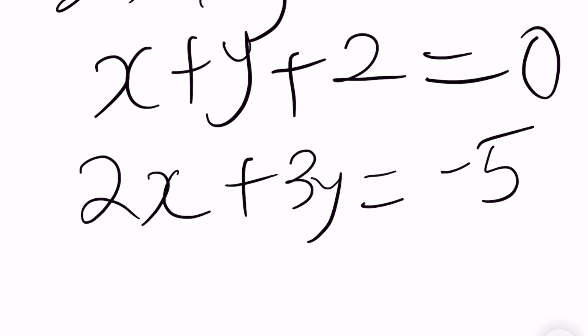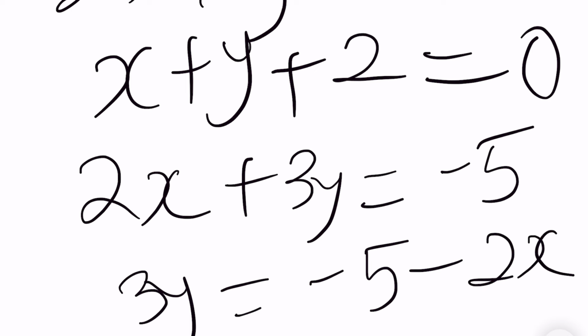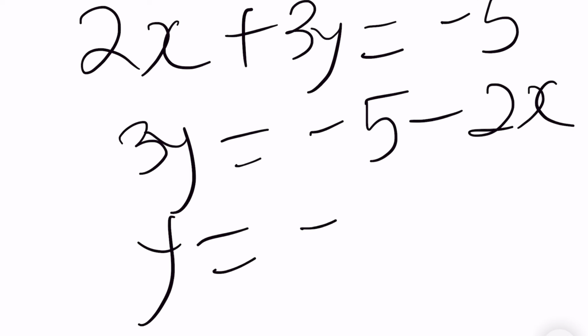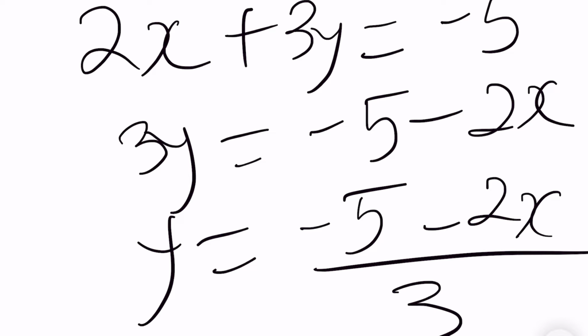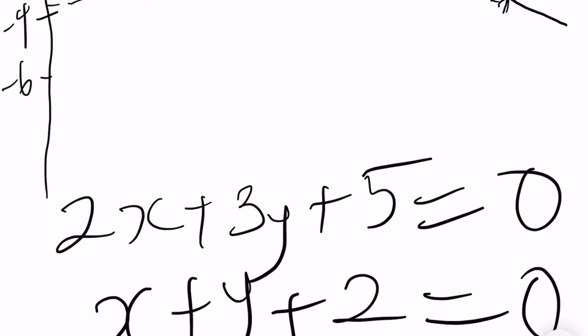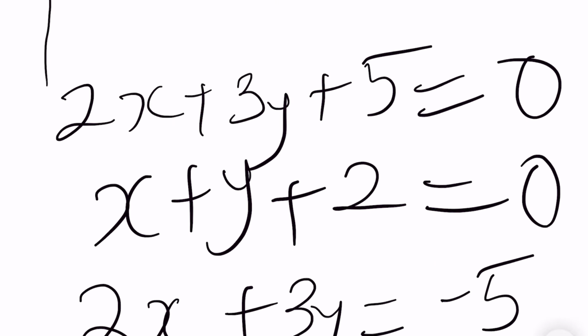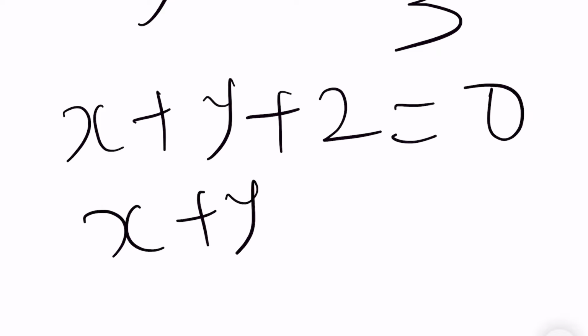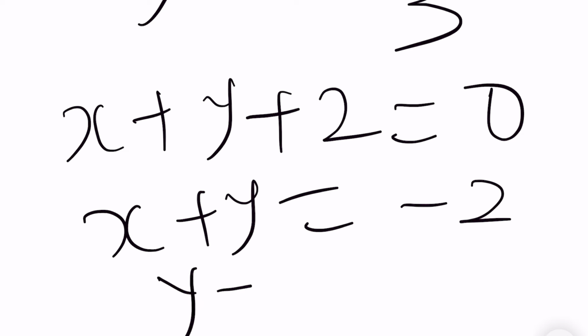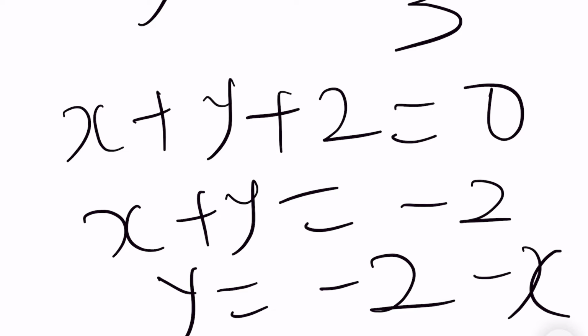So we have 3y equals minus 5 minus 2x. Our y is minus 5 minus 2x over 3, using 0 to 4. And the second one is x plus y plus 2, so x plus y is minus 2, and our y is minus 2 minus x.